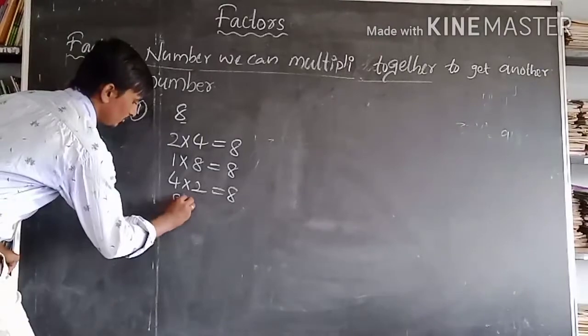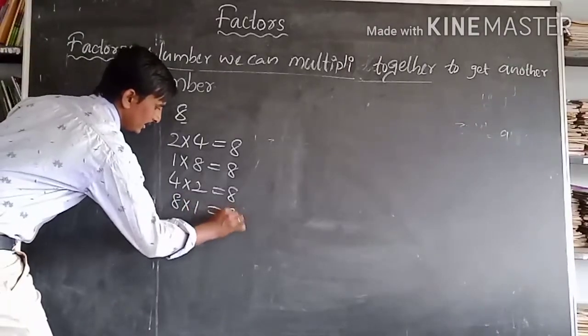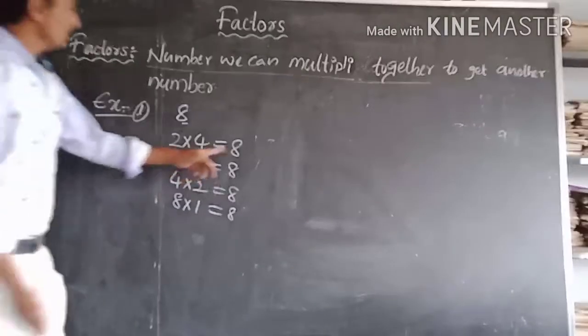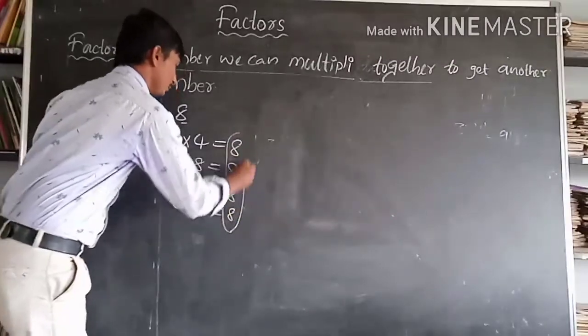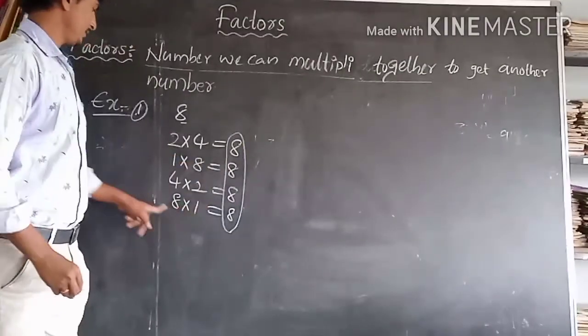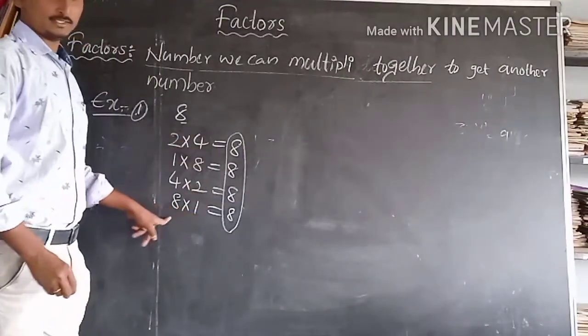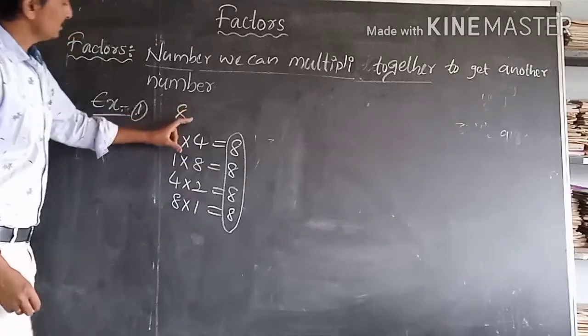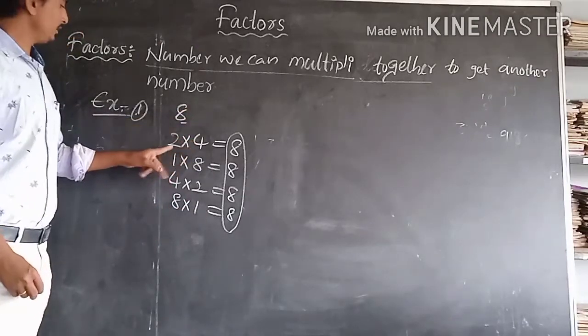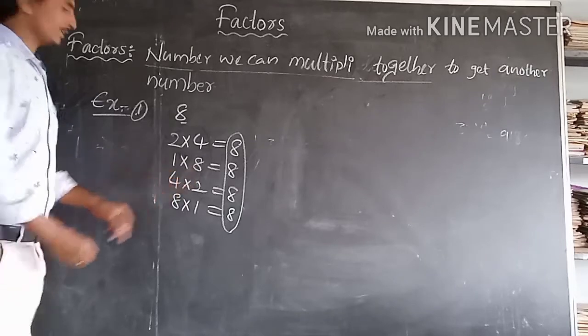And 8 multiplied by 1 is 8. The product is the same but the factors are in a different order. So we will write each number only once.